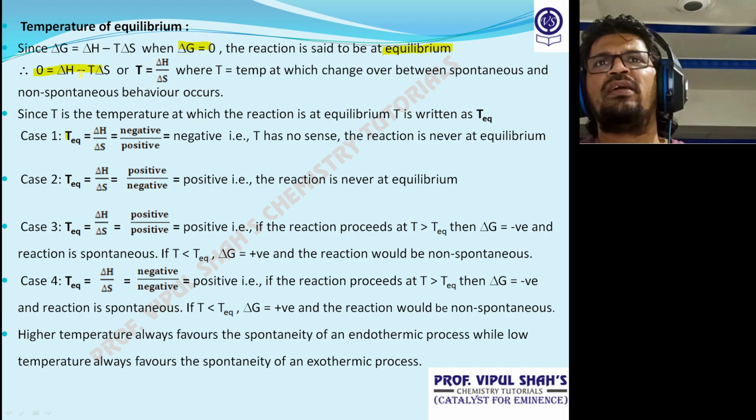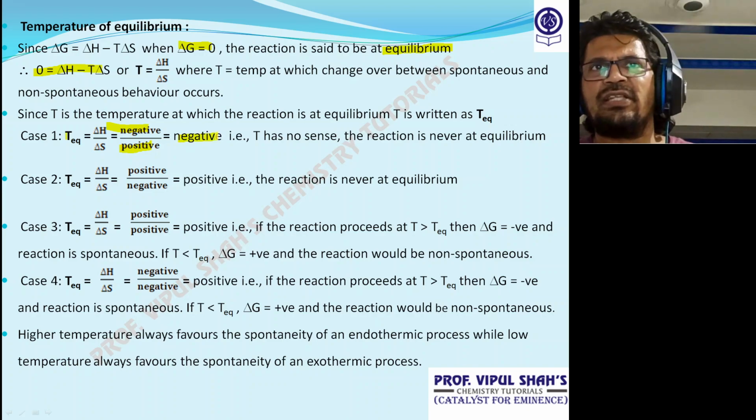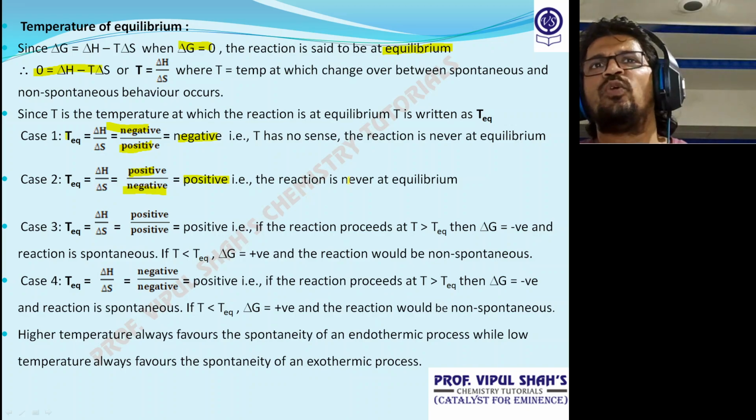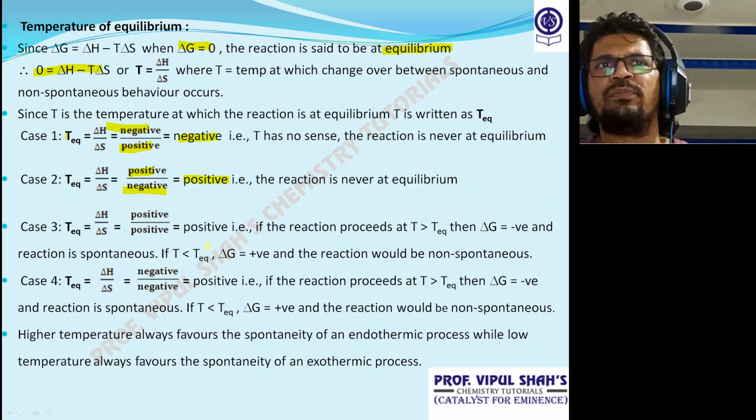Now if delta H is negative and delta S is positive, then this temperature will be negative, so in that case it is never in equilibrium. If delta H is positive and delta S is negative, again the temperature is negative, which indicates it will never be in equilibrium.